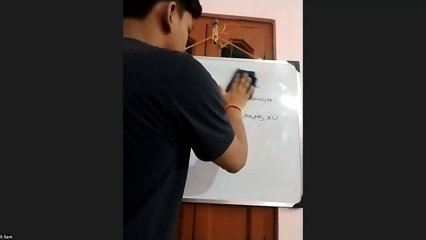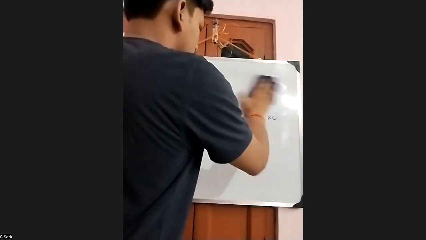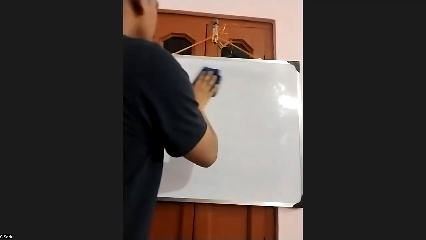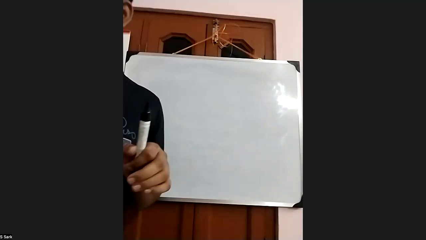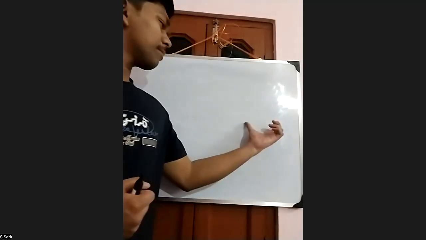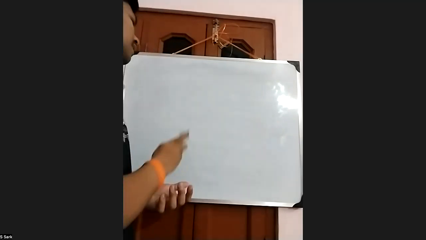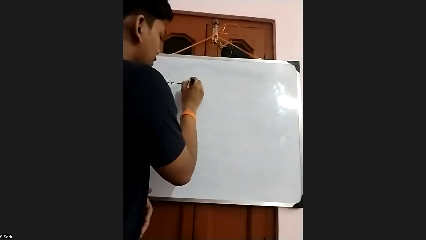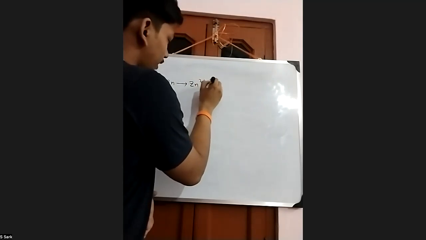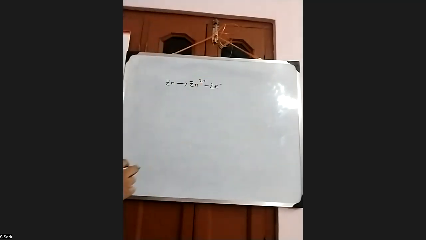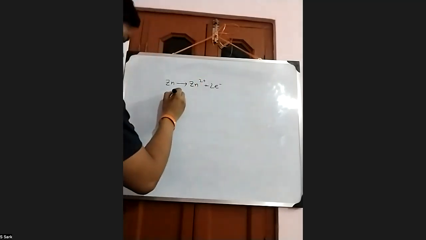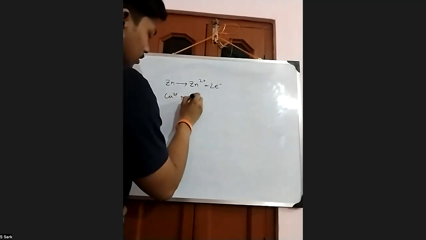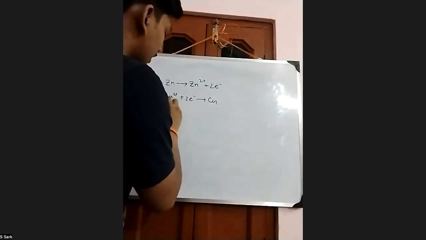Sir, in an electrochemical cell, we have seen the zinc electrode which produces Zn2+ and 2 electrons, and also at the cathode of the Daniell cell, we have seen Cu2+ takes 2 electrons and converts to copper.